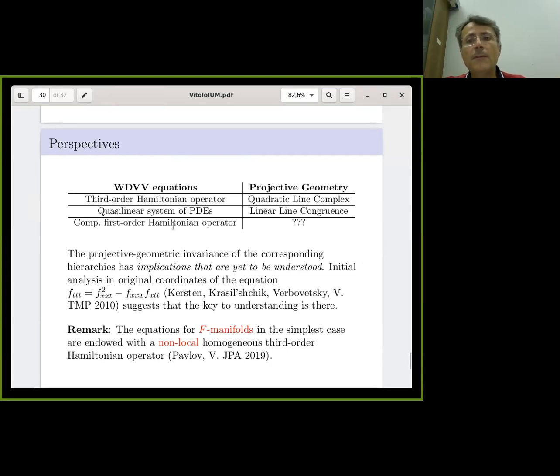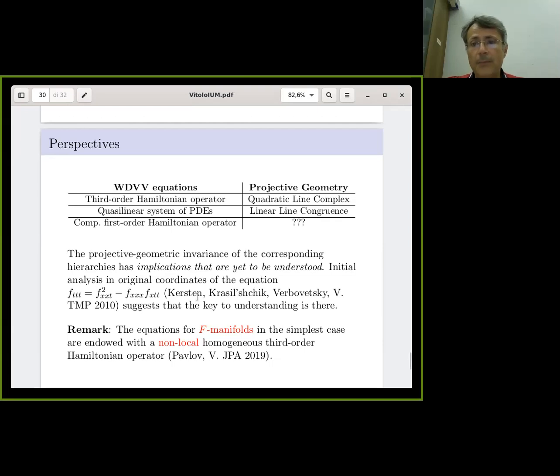And then the compatible first order operators, this is a mystery, the projective geometric meaning. I would bet on the fact that this has a projective geometric meaning, but at the moment I have no answer to this question. The point is that I'm almost sure that everything will be more clear if we are able to understand completely all these geometric structures in terms of the original coordinates.